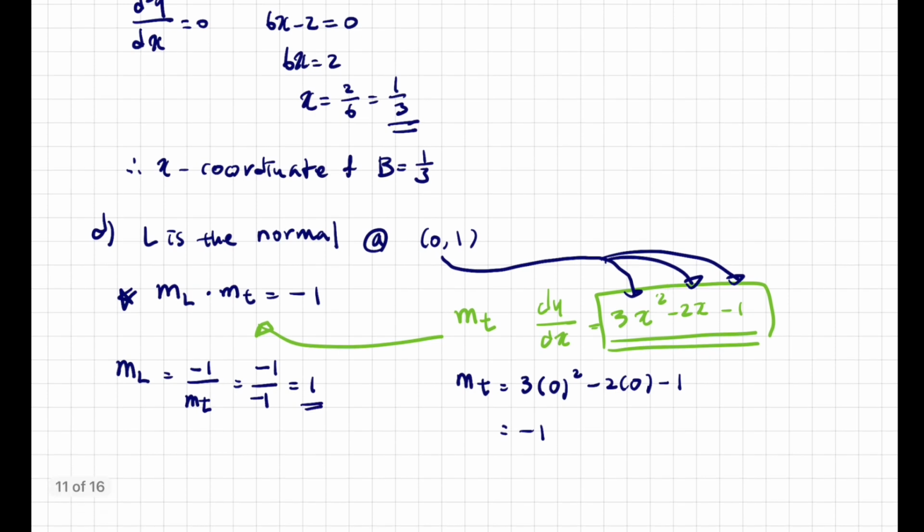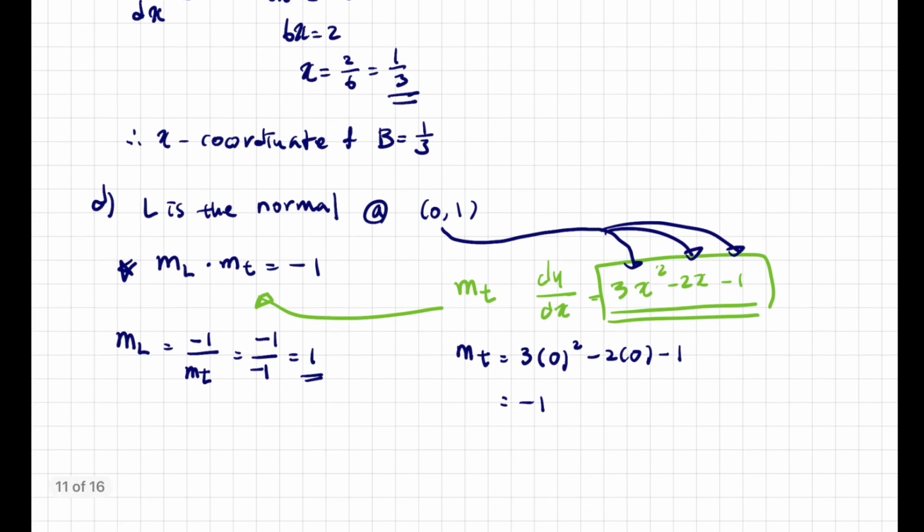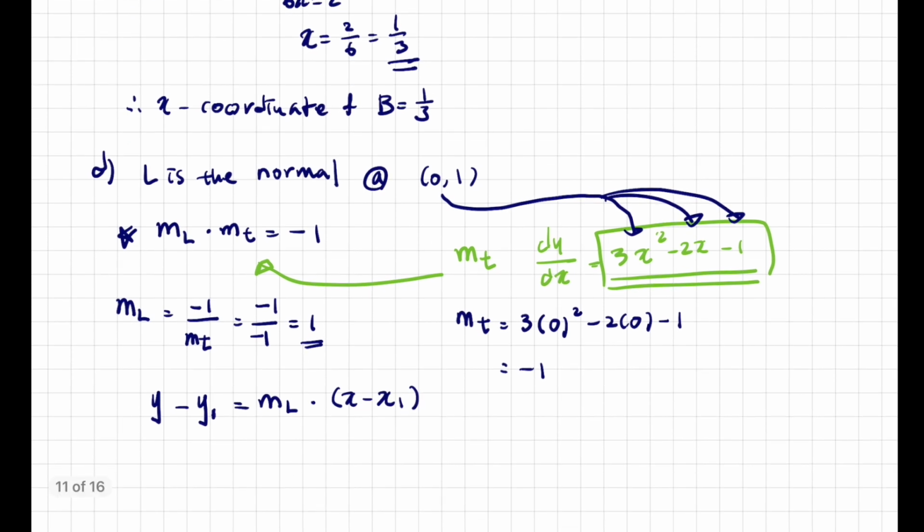So now we have the slope of the normal line. That means using the equation y minus y1 equals the slope of the normal line times x minus x1, okay? We are going to substitute 1 as our slope of the normal line, and we're going to substitute the point (0, 1) into this equation.